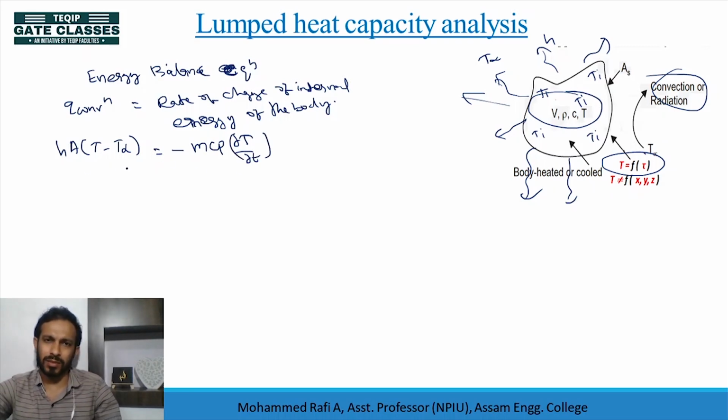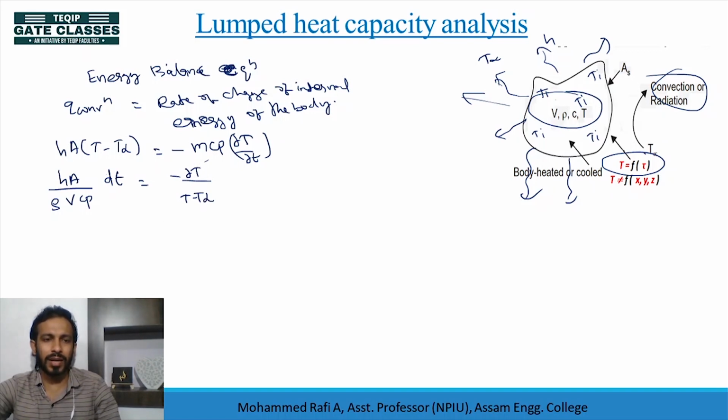As in conduction, we separate the common parameters. So writing hA, with m as the mass, so rho V Cp, into dT equal to minus the temperature difference, T minus T infinity.